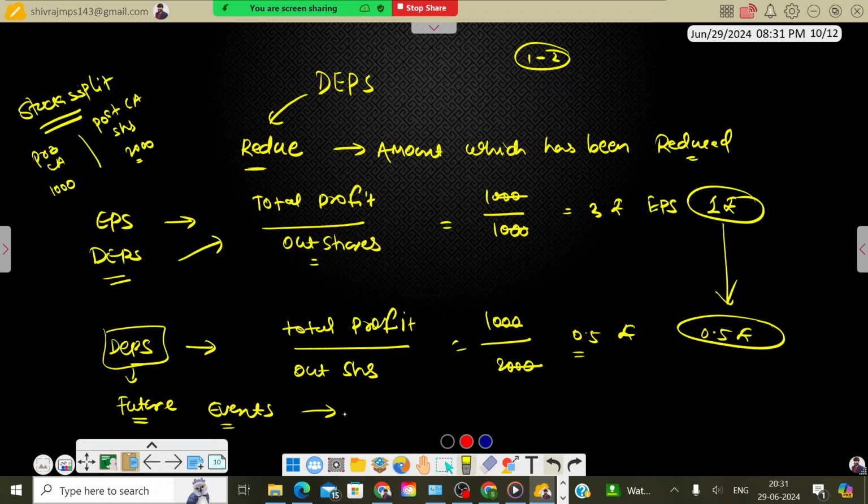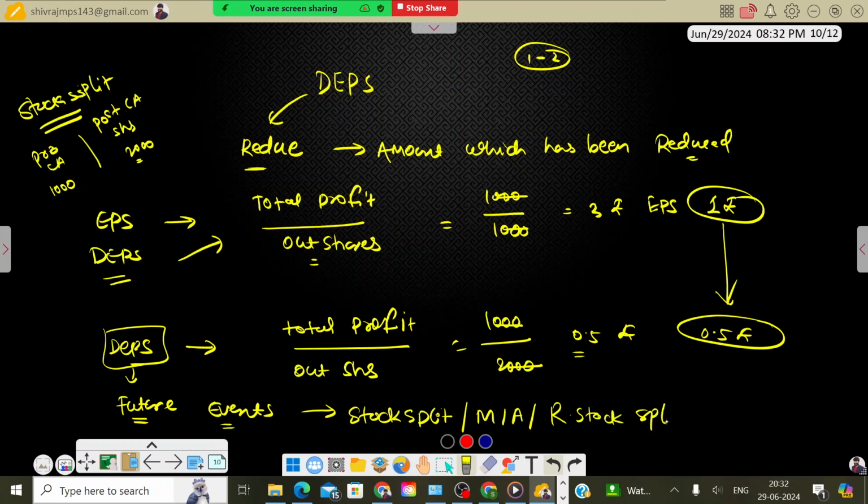And as I said, in DPS we always consider future upcoming events. So future upcoming events could be a stock split. Note down this one. Stock split, merger acquisition, then reverse split, reverse stock split.